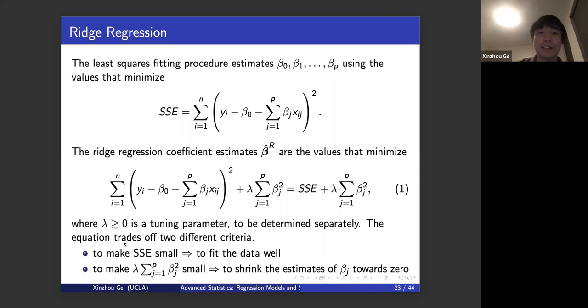If you want to make the sum of squared error small, we want the regression result to fit the data well. But if we want to make the penalty part small, we want to shrink the estimate of beta j towards 0. So a good model from this optimization will have both small SSE and small betas. And this is the target of ridge regression.